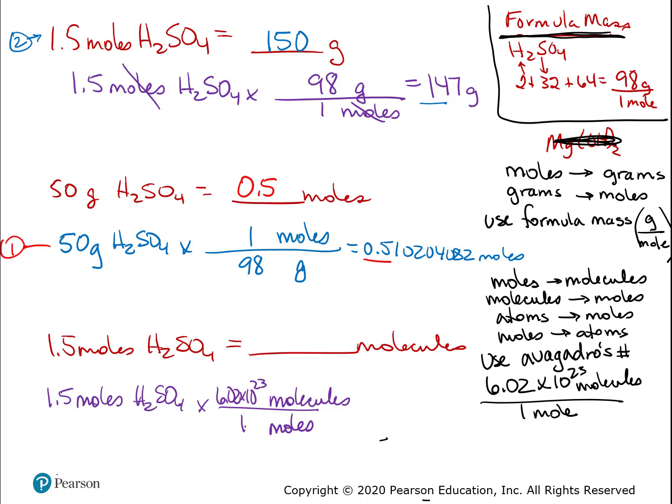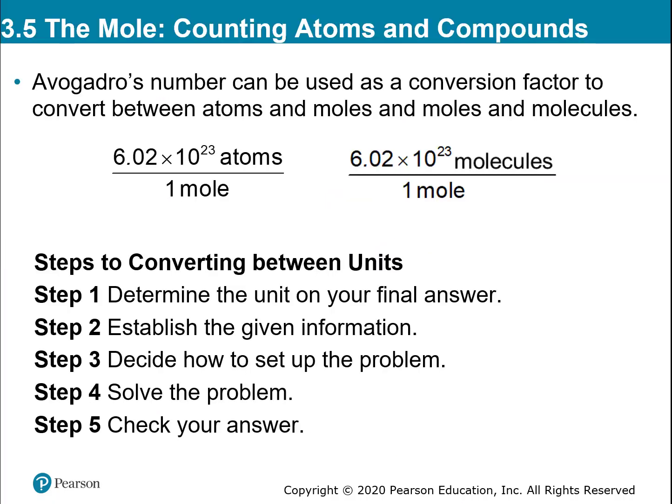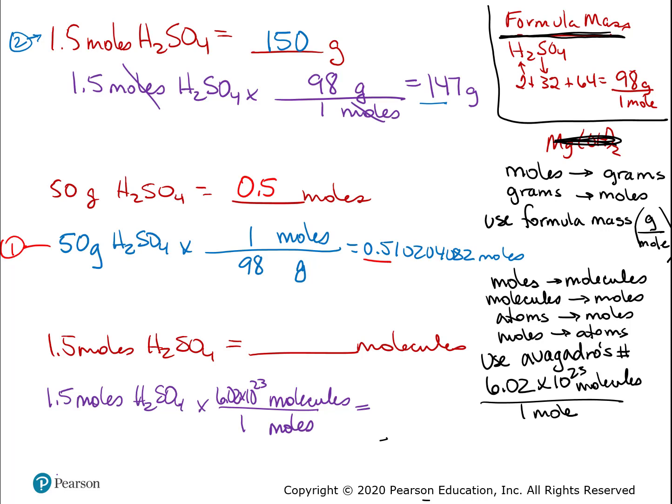So now I want you to put this in your calculator. What did you get? So I got 9.03 and then this little 23.